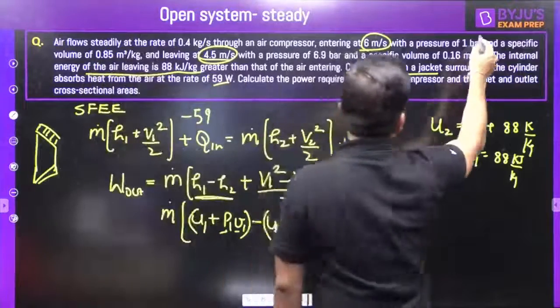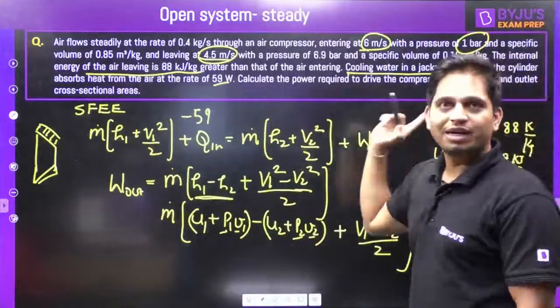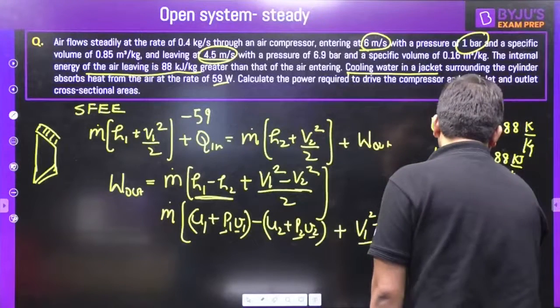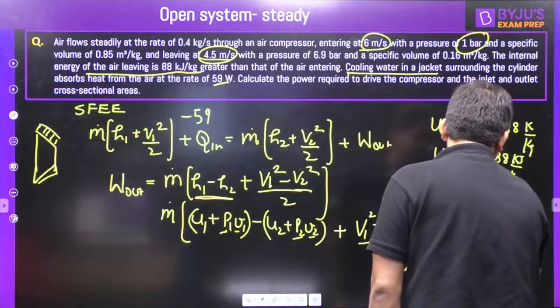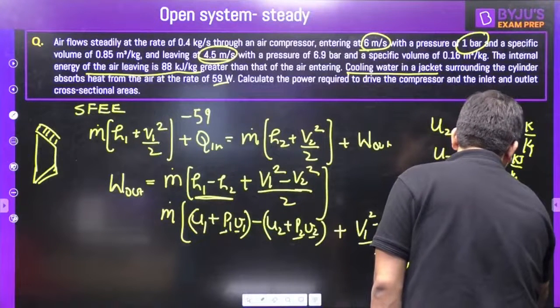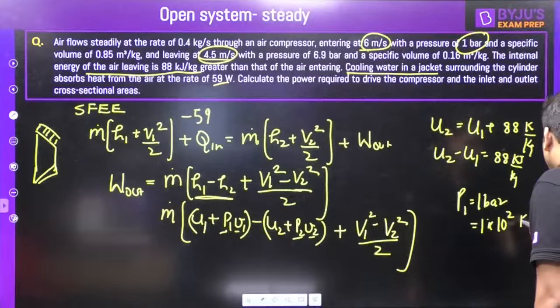This is P1. Put it in. It is in bars. So how will you put it? So it says P1 is equal to 1 bar, so you will put 1 into 10 to the power 2 kilopascal.